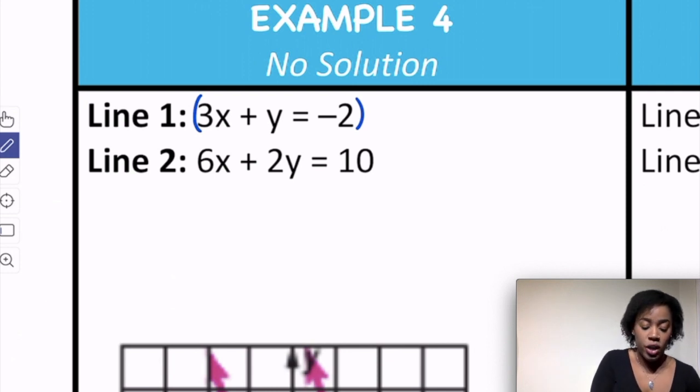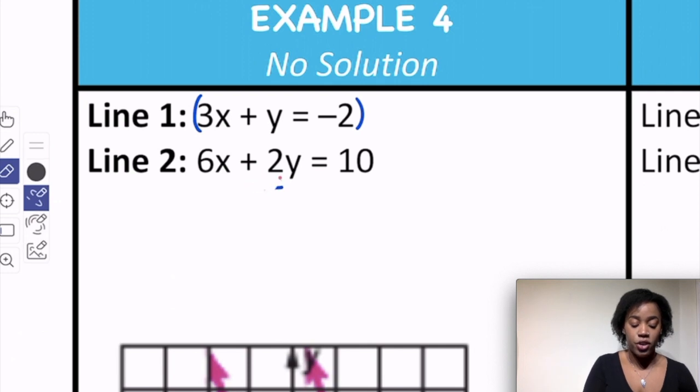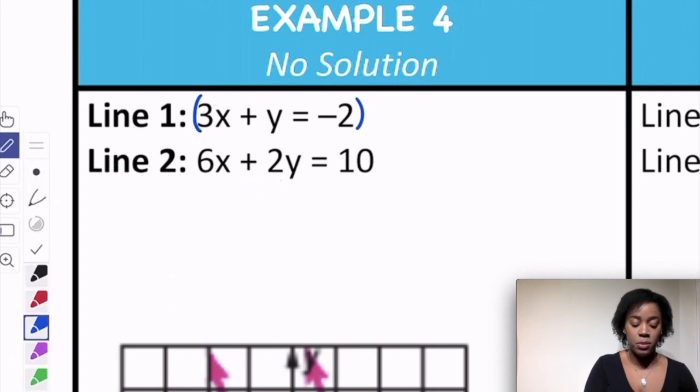We just need to look at the coefficient for y in line 2, which happens to be 2. So to have my perfect conditions, I'm going to have to make the coefficient for y in line 1 equal to negative 2. So I just have to multiply the entire equation by negative 2.